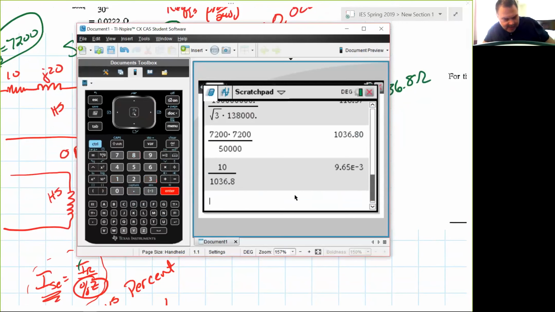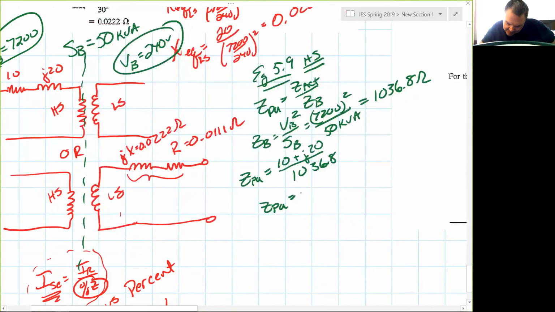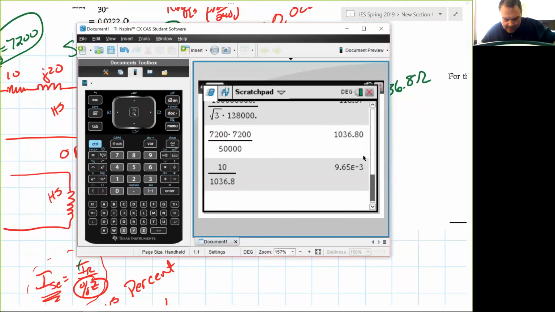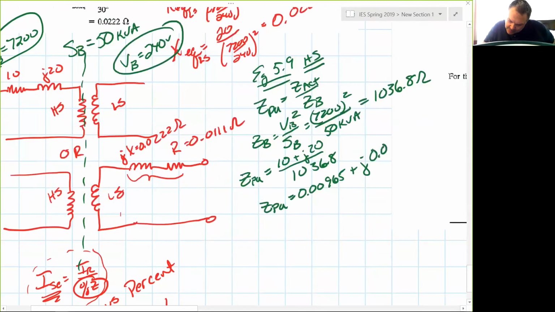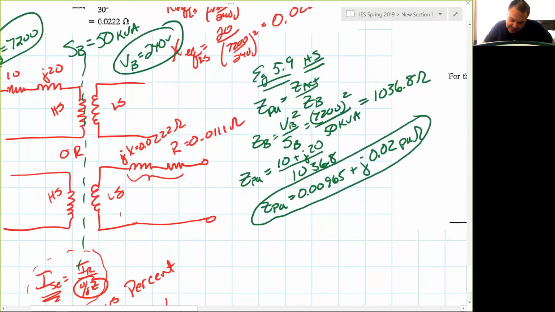That's 0.00965, plus J20 divided by 1036.8, which is 0.02. Now, I'll label that per unit ohms. That's everything referred to the high side.